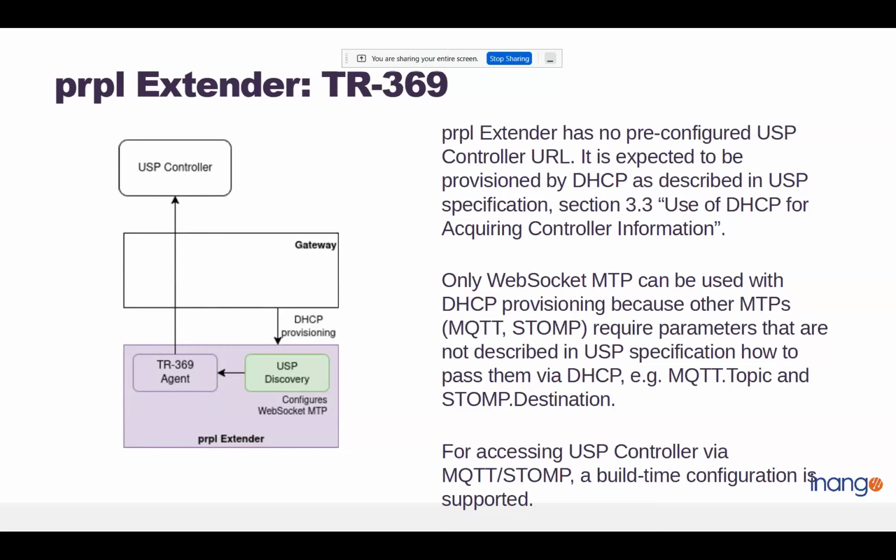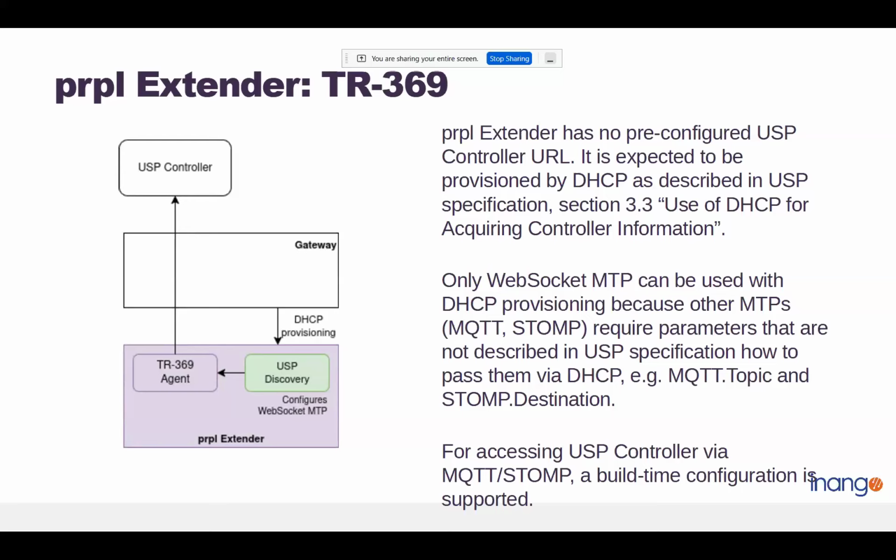These required parameters are, for example, the MQTT topic and STOMP destination. We have an open ticket in BBF to update the USP specification to allow passing additional options via DHCP, to allow DHCP configuration of MQTT and STOMP MTPs.